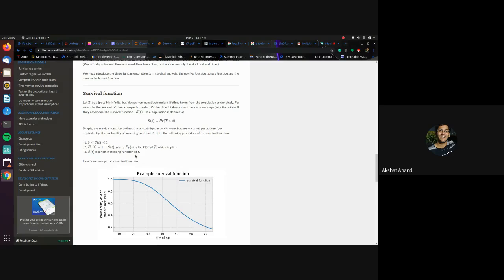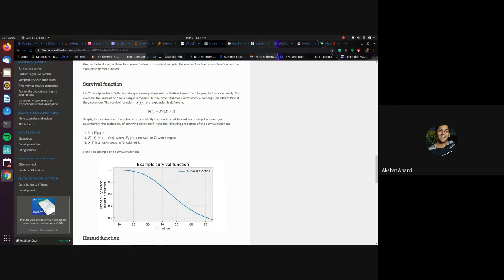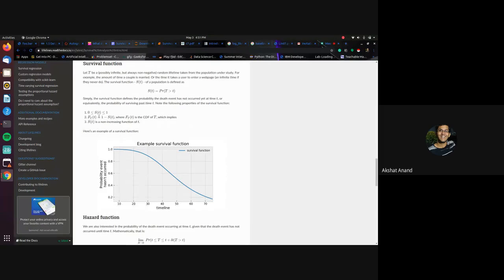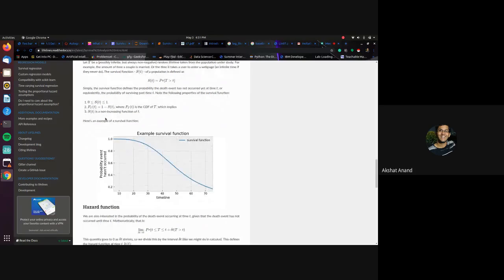The main three points for the survival function: the function should be between 0 and 1. These are the properties. The cumulative distribution function is calculated by subtracting the value of the survival function from one, which gives the CDF.